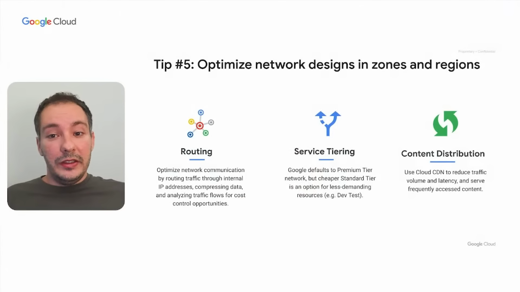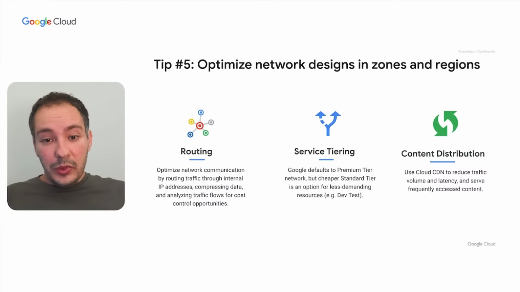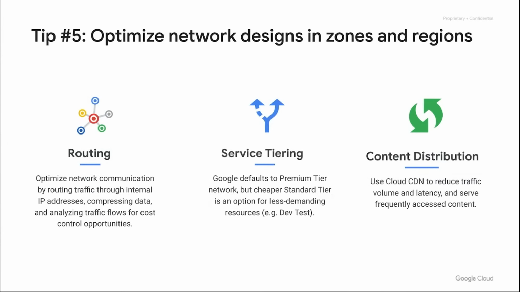Tip number five, guys, optimize network designs in zones and regions. For example, the cloud providers charge for outbound data transfer, so it's really important to keep your resources on an internal network so the traffic stays inside the region. You have service tiering, for example, to deliver your traffic.